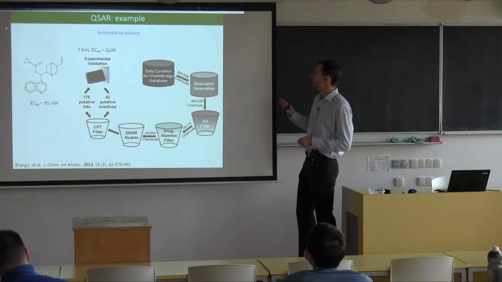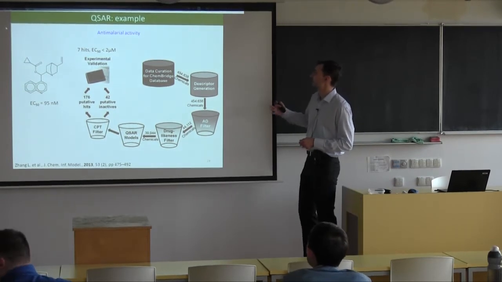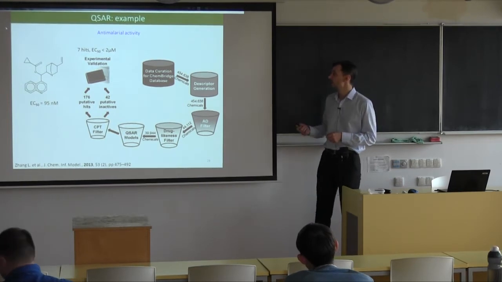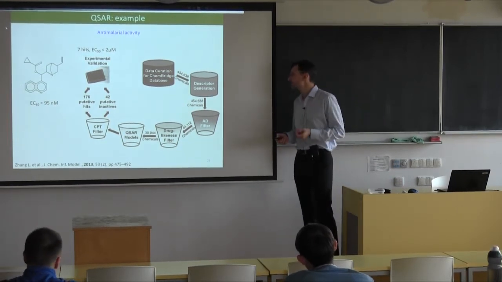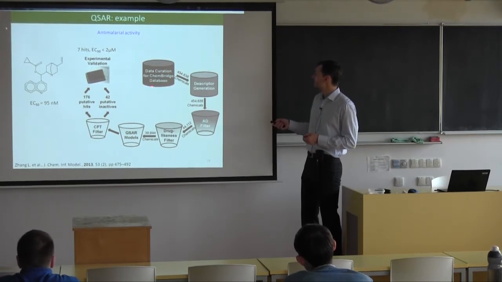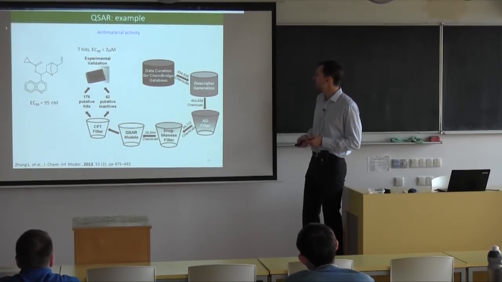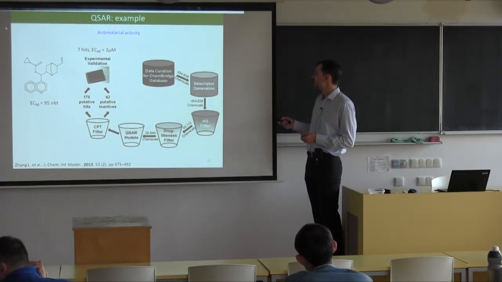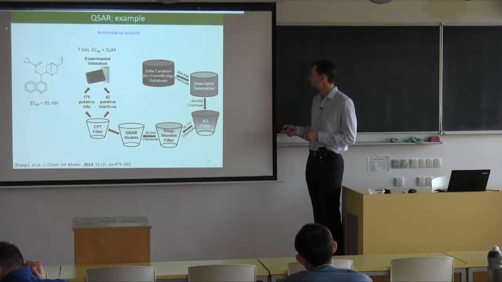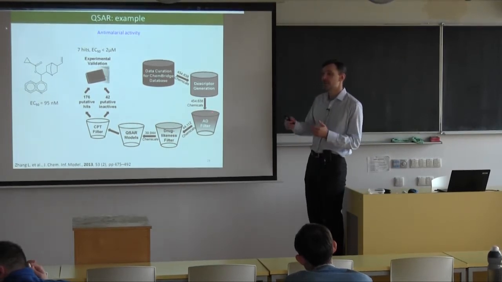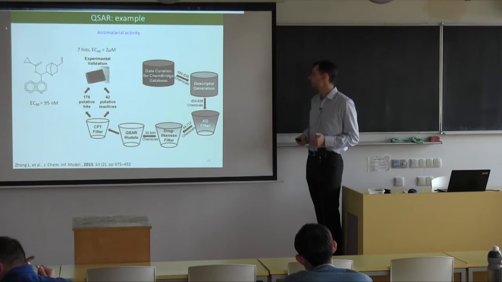So here is just one example of how QSAR models can be used for virtual screening and produce some useful output. In the group of Tropša, they took the Cambridge database of chemicals. They calculated descriptors for almost 500,000 compounds and filtered them according to the applicability domain of their QSAR models, which were developed before that.